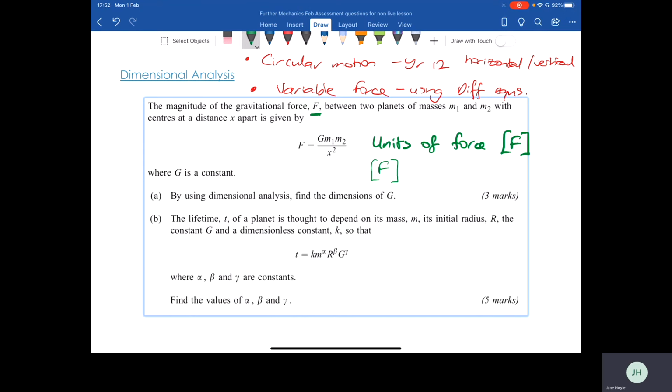So we split everything into mass, length, time. Force is mass times acceleration. We would write the mass, we use capitals here, as an M, acceleration metres per second squared. So metres, we use an L for length, per second squared. So of course that's T to the power of -2.